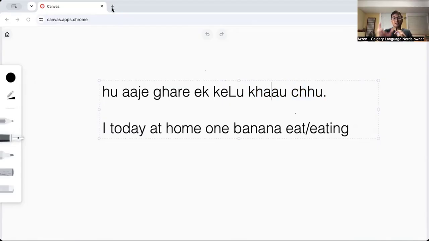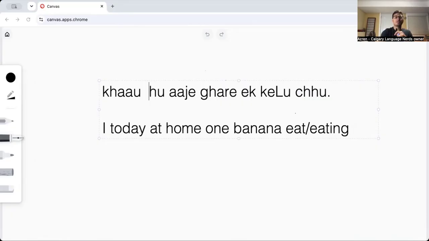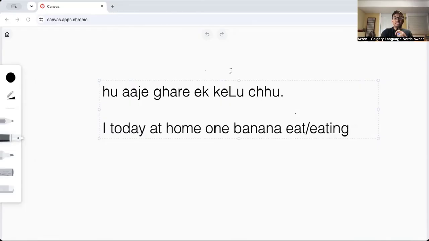Therefore, we cannot separate khao chu. I cannot take khao and put it elsewhere. I cannot say khao hu aje ghare ek keru chu. That is wrong. That is incorrect. That doesn't work.